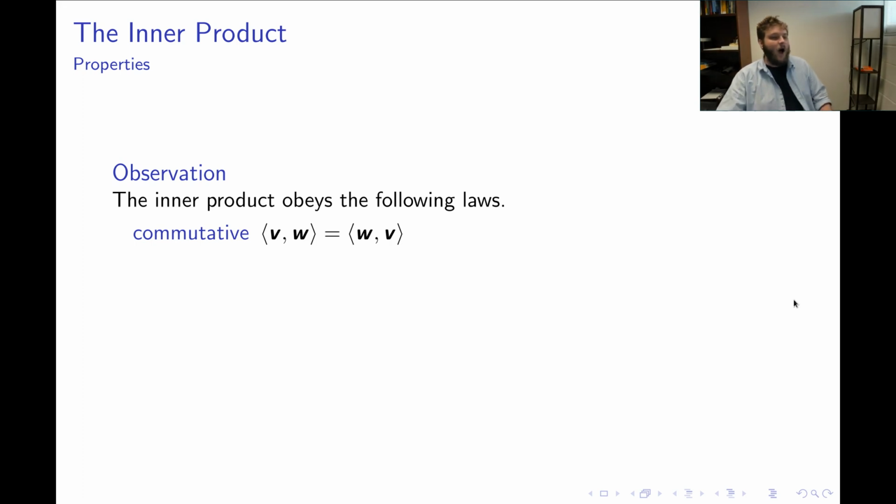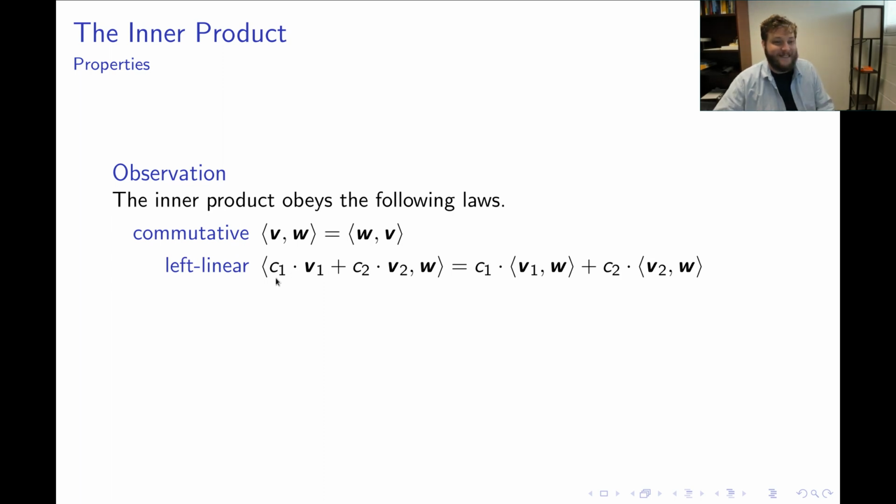Okay, now that we have this thing called the inner product, let's survey some of the properties it obeys. One important property is the so-called commutative property. This means that it doesn't matter the order that I input the two vectors into my inner product. The inner product of v with w is the same as the inner product of w with v. There's also a left linear rule.